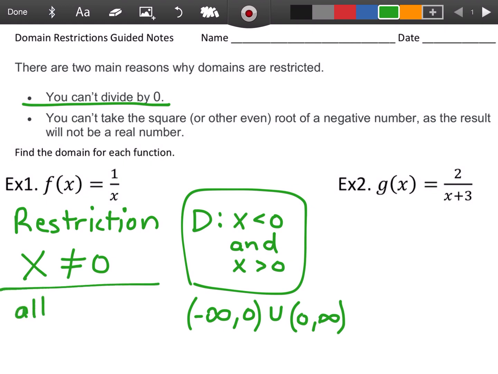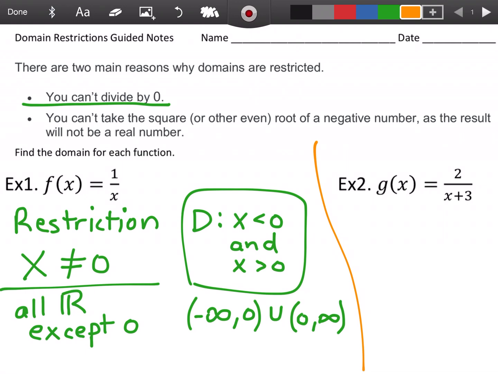So basically, our domain in words would be all real numbers except for 0. All reals except 0. So a few different ways of saying that, either putting it in words or writing it as inequalities or sets. But the bottom line is we can't divide by 0.